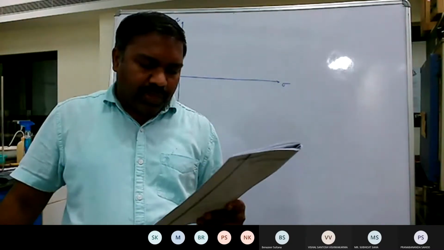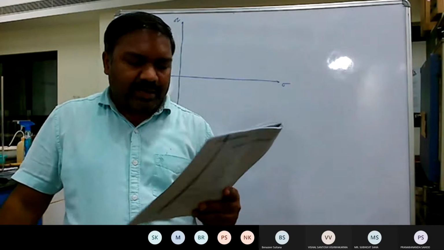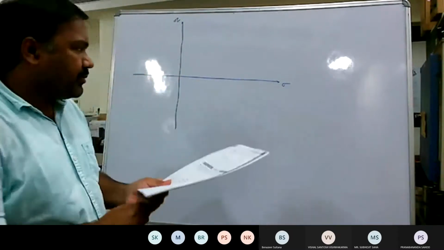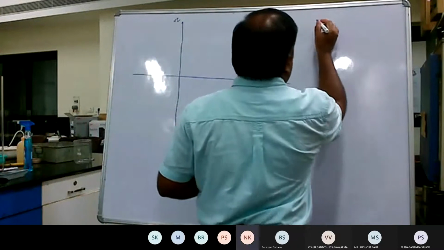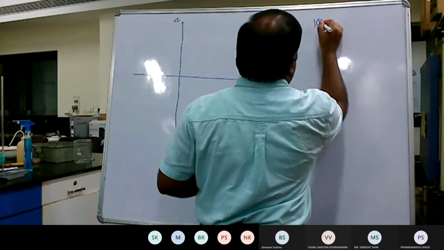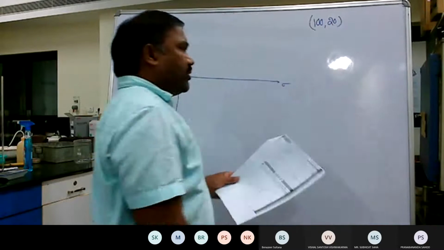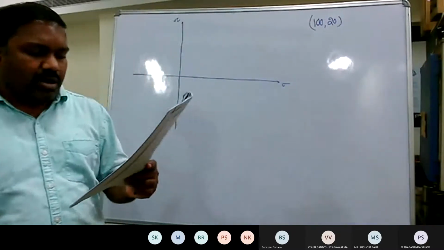If I do so, then the stresses acting on the horizontal element are 100, 20. These are the stresses acting on the horizontal element.